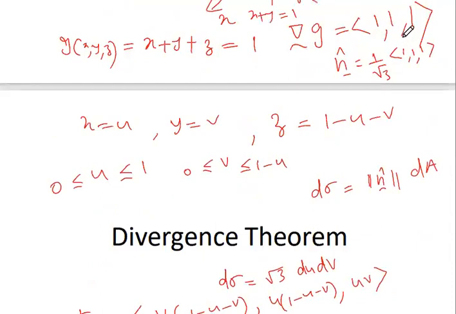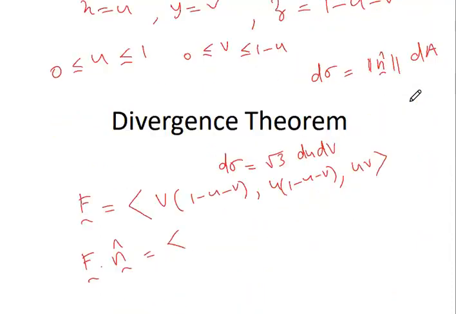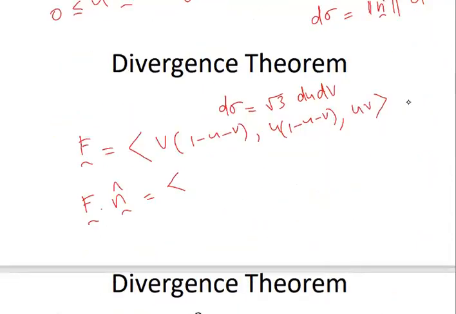So we know that u is this one. When you find that, 1 over square root 3, sum these things up: 1 minus u minus v plus u, minus u minus v plus uv.